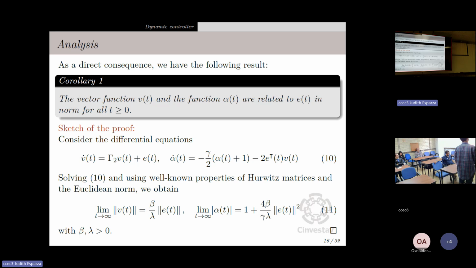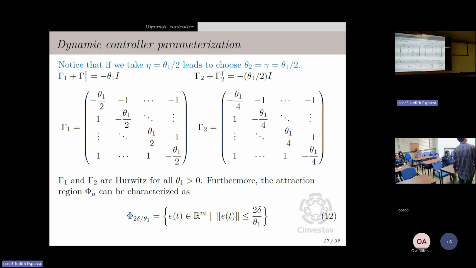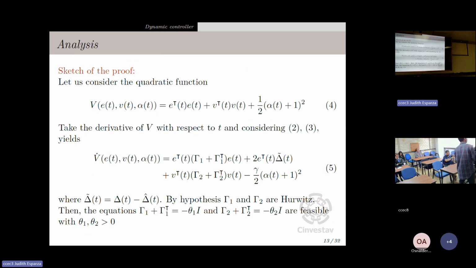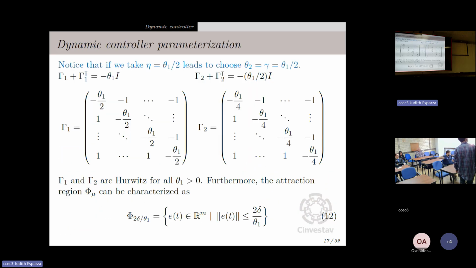There is no more problem. So we can take the parameterization. In this case, from the analysis, we obtain this relationship. This matrix gamma satisfies simple Lyapunov equations. In this sense, we propose this parameterization.